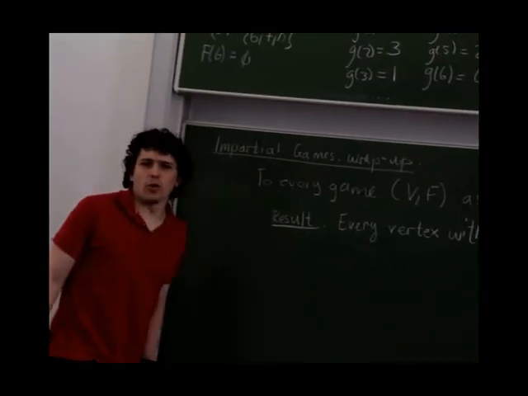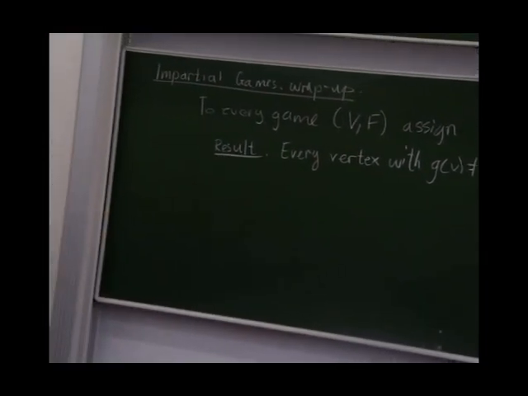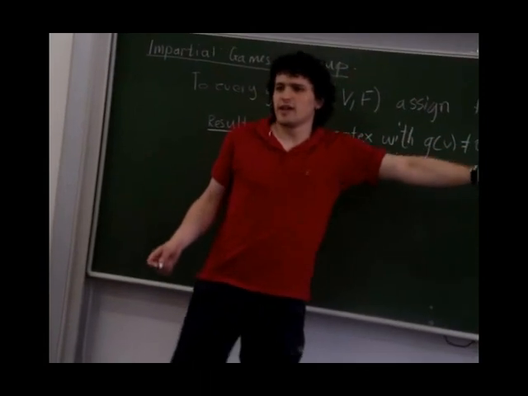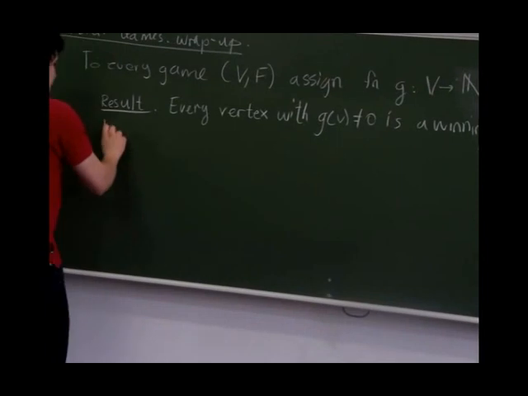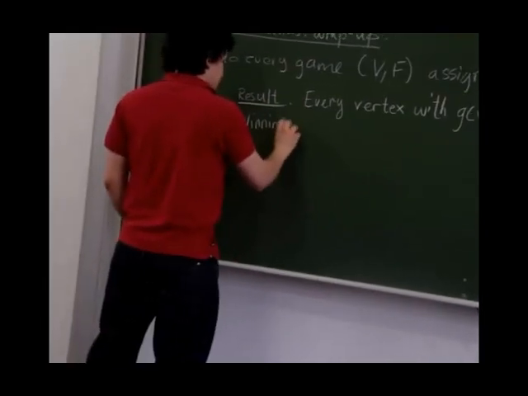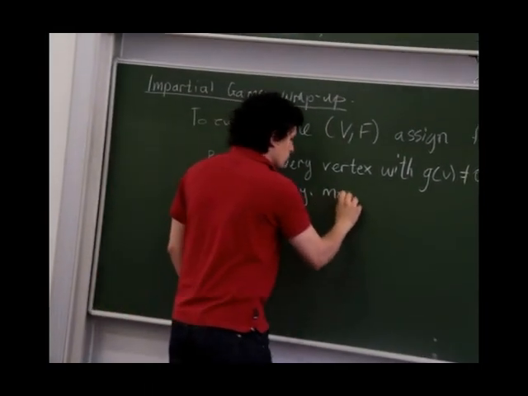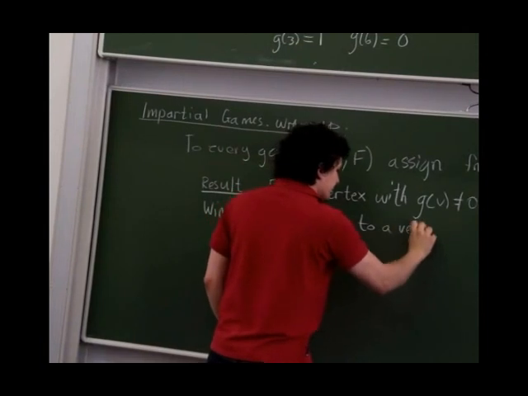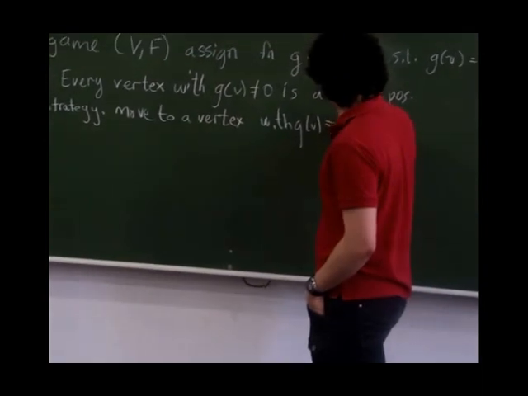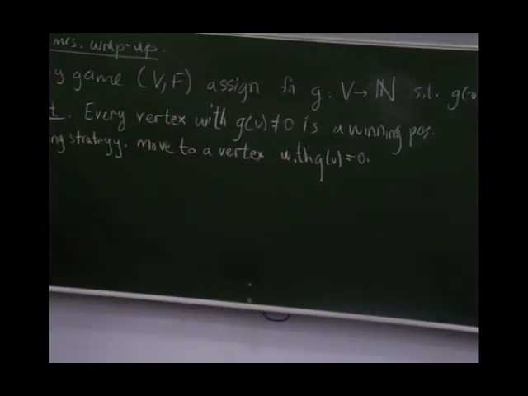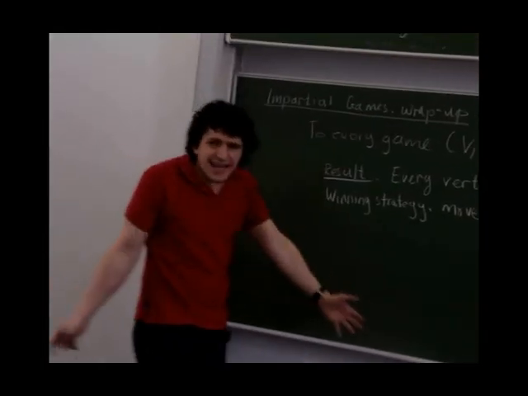Okay, so some of you have done this for some graphs, others for other graphs. Some of you have done it for the 21 game, but you've all computed Sprague-Grundy functions and figured out winning strategies. Right, the winning strategy is always to move to a vertex with g of v equals 0.